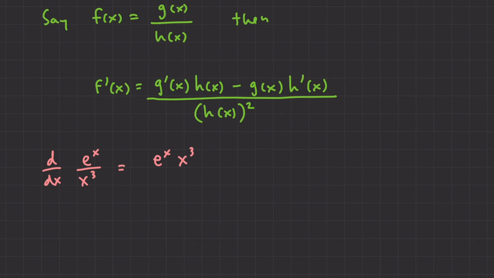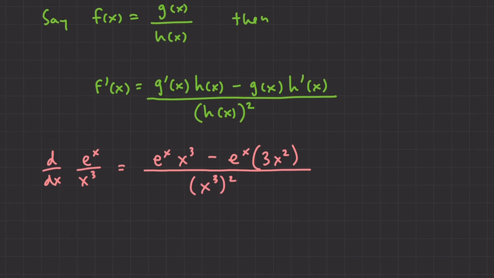Then I subtract. Here I leave the numerator alone, e to the x, and I take the derivative of the denominator, which is 3x squared. And that will all be divided by the denominator squared, so that's x cubed all squared.